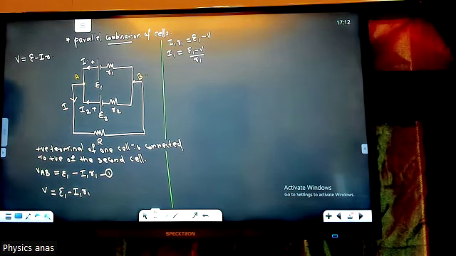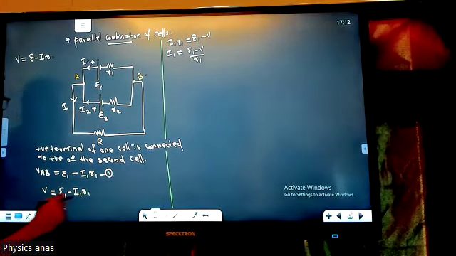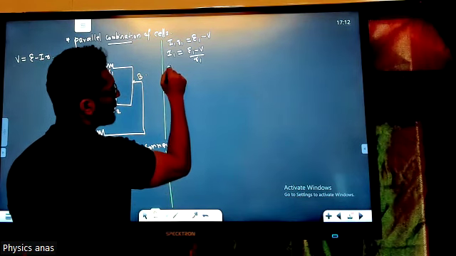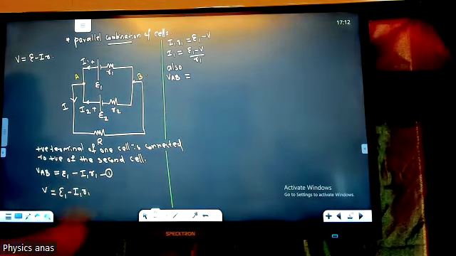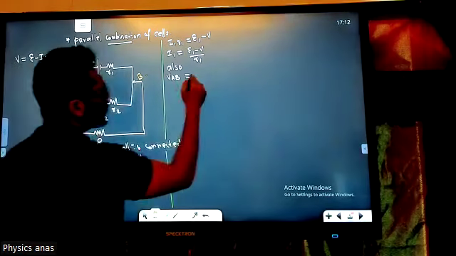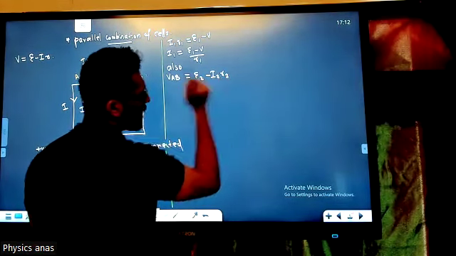Now I can write the second equation. What is the second equation? The voltage is the same, so VAB is also equal to E2 minus I2 R2.